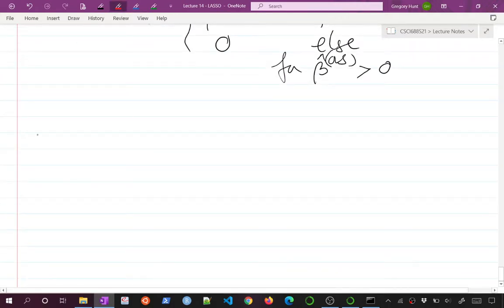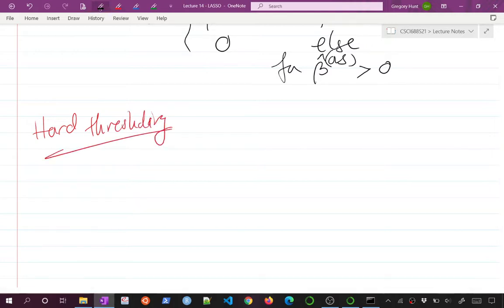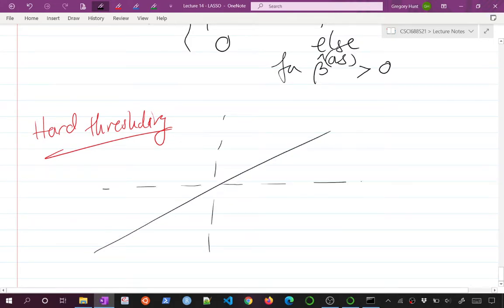So here's our picture. Here's our hard thresholding. Here's my 45-degree line. Here are my axes. On my x-axis, I'm going to have beta hat i, and on my y-axis, I'll have the hard thresholded version. And there's some threshold here, t. What's going to happen is if my beta hat is above t in absolute value, it's going to leave it alone.